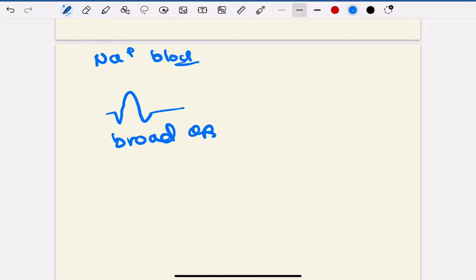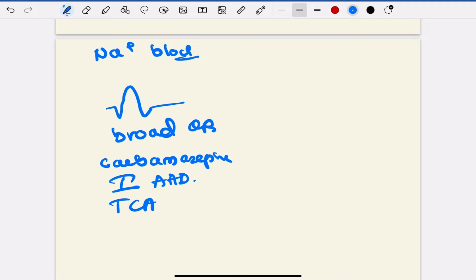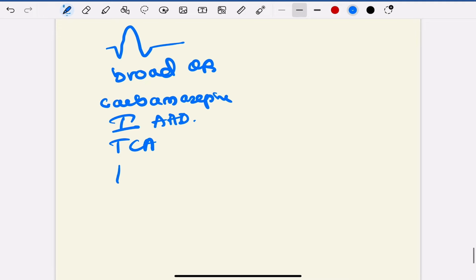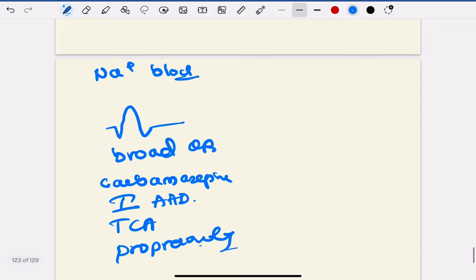In carbamazepine, the anti-epileptic, in class 1 anti-arrhythmic drugs, and in TCA and propranolol. Okay, this is about sodium channel blockade.